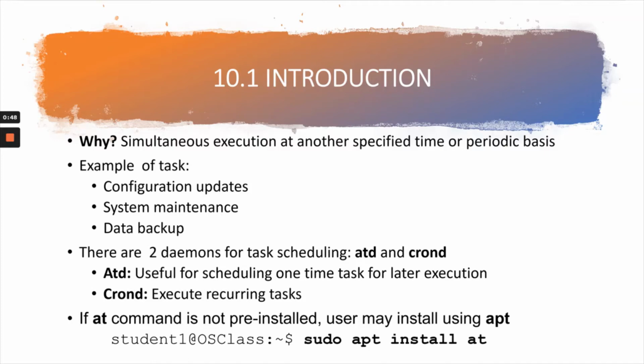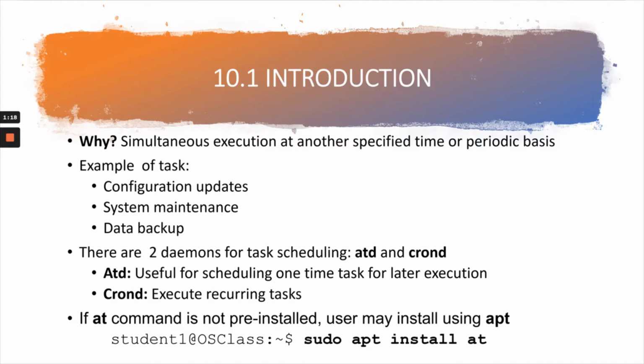Such tasks are, for instance, configuration updates, or system maintenance such as data backups or file removal, and also system monitoring. Basically, it is hard for a system administrator to perform each of these tasks manually. Hence the reason why we need task scheduling in a Linux system.